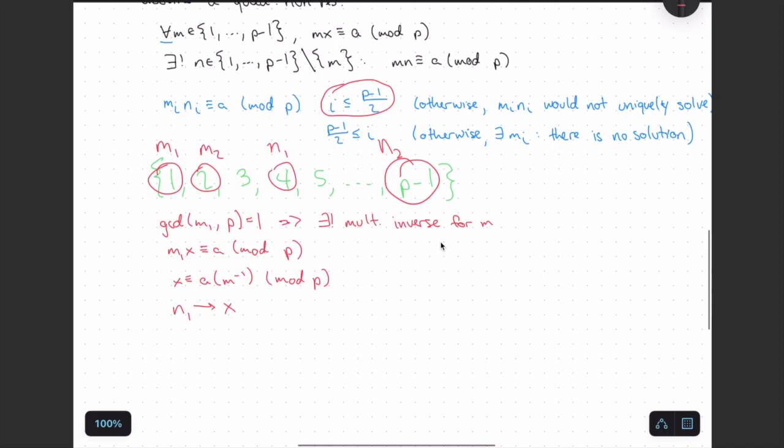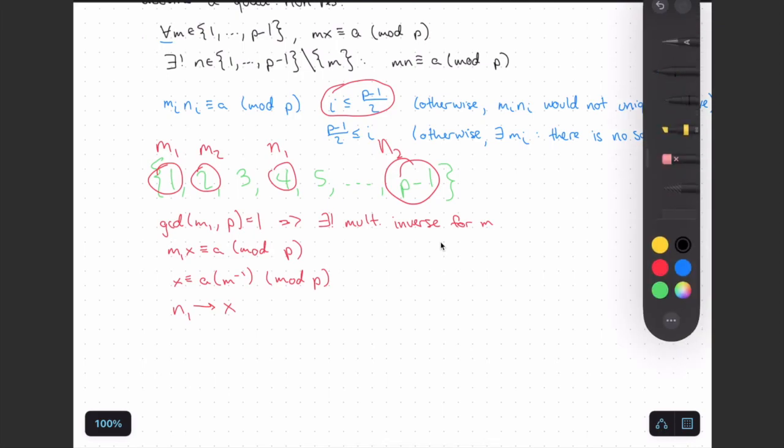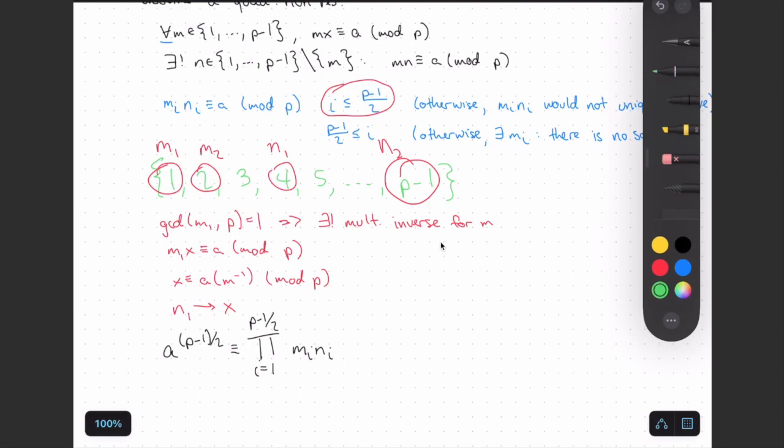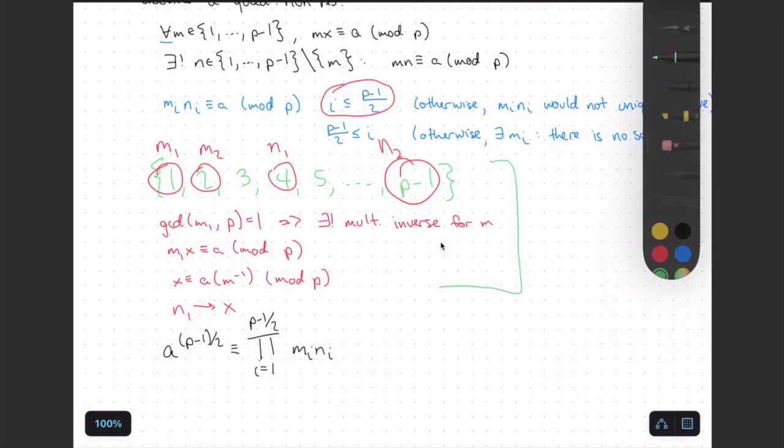So all this to say, I want to justify this conclusion. a to the p minus 1 over 2 is equal to the product of i equals 1 to p minus 1 over 2 of mi ni, because each of these is equivalent to a, and we have p minus 1 over 2 pairs, and now we can finally apply all this to this equivalence.